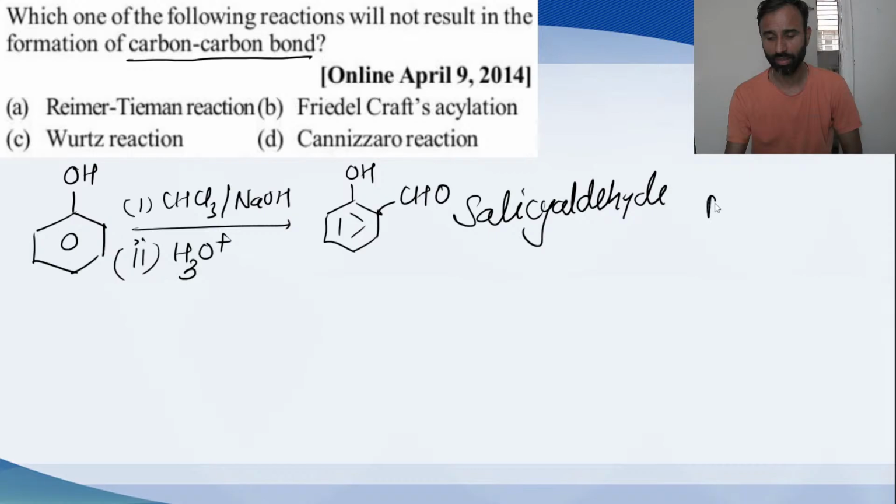So in the Reimer-Tiemann reaction, there is formation of a carbon-carbon bond.